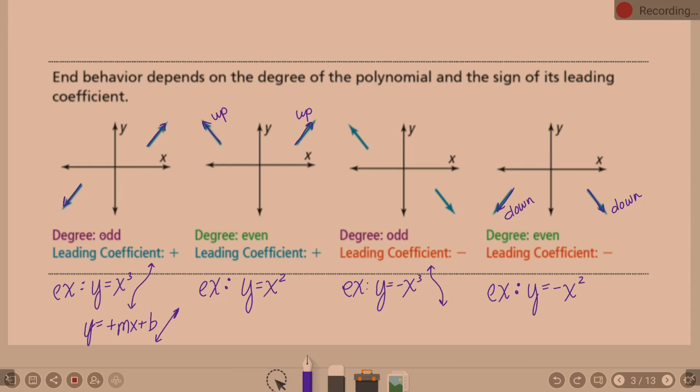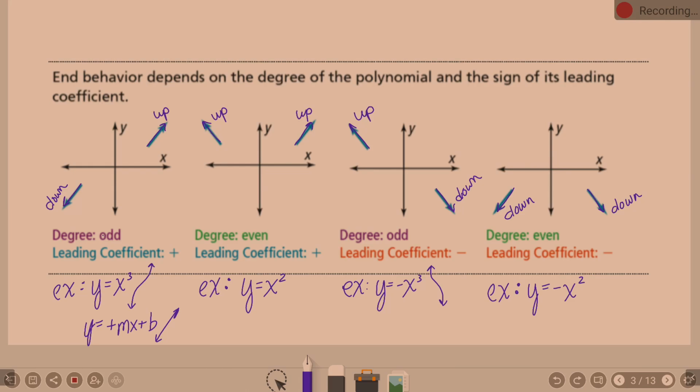Or if I want to use my words again, it starts up and it ends down. Again, odd powers. It's up and down or down and up. If it's negative, it's going to start up and end down. I forgot to put words over here, didn't I? This first one would have been starting down, ending up. I don't know if those words help or not, but I think it makes it a little bit more obvious.